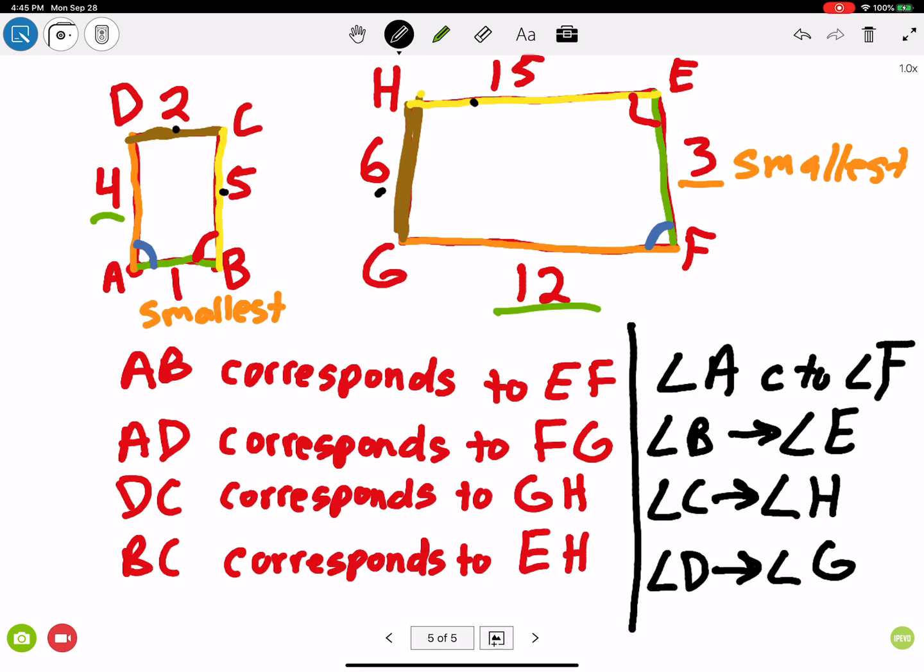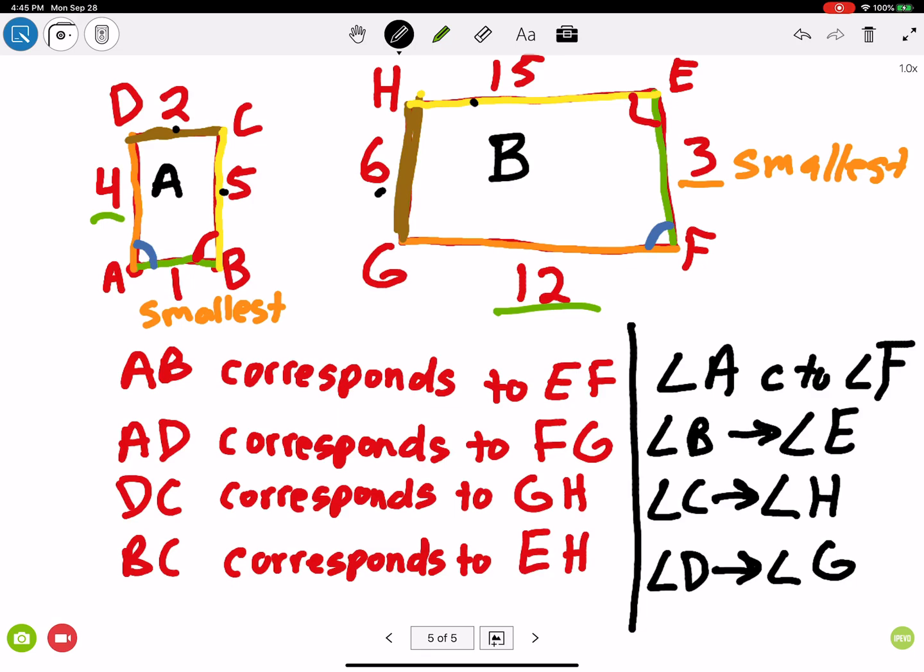Now what can I figure out about corresponding angles? We already know that the sides have to be proportional, which means what? How are the sides in A related to the sides in B? How would I get from A to B? What is my scale factor?